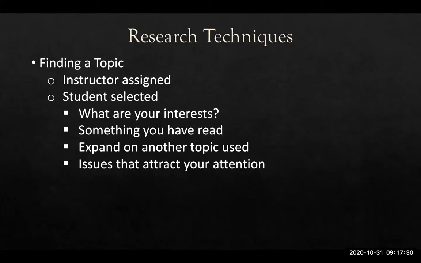But let's say you're in a class and your instructor does not assign you a topic, but it has to be in a particular area. So you have to have an essay or a research paper that covers something that has to do with higher education, or money in education, or a particular area of history.